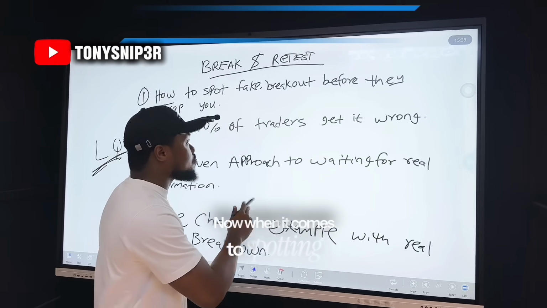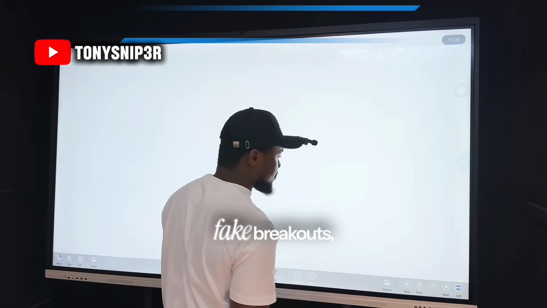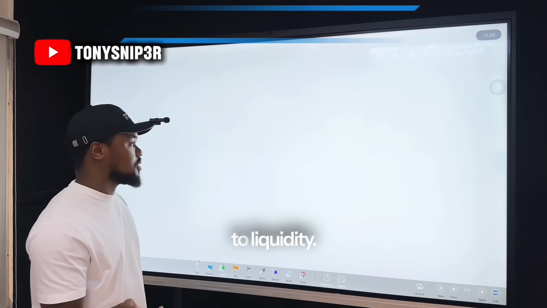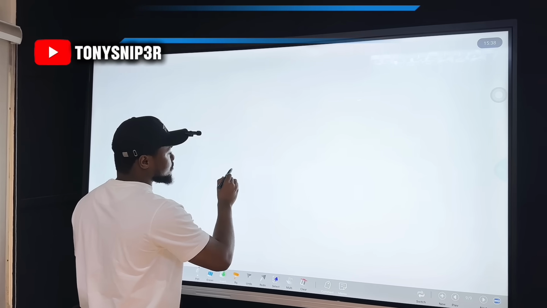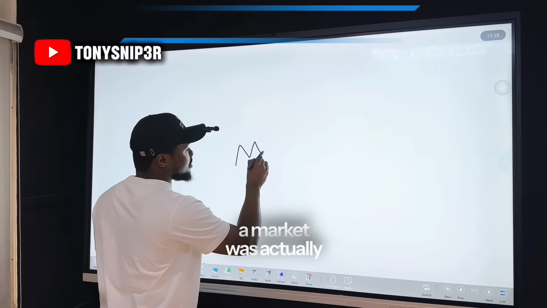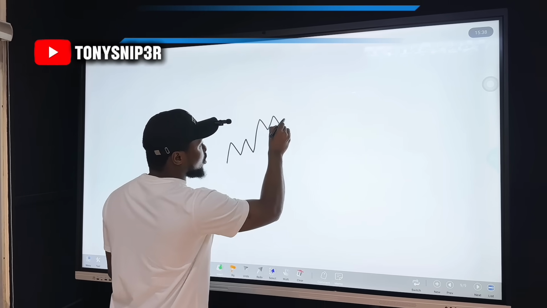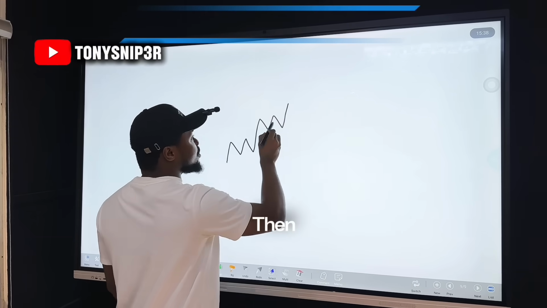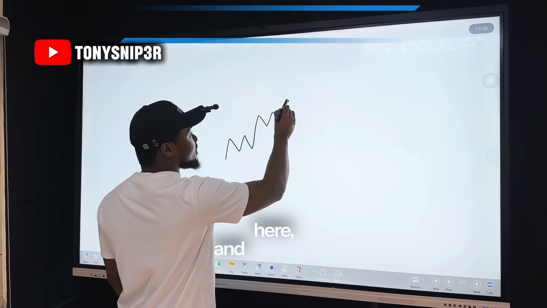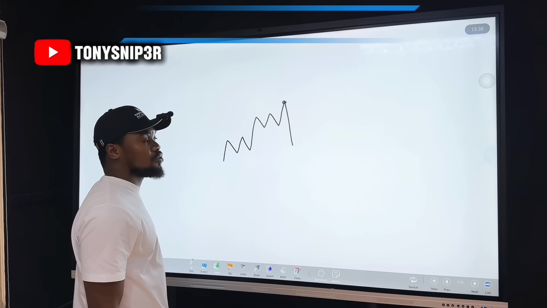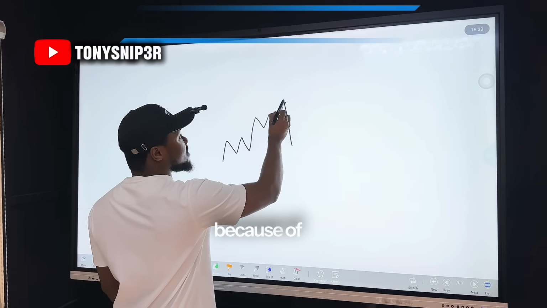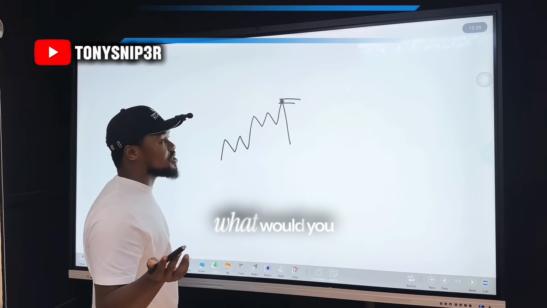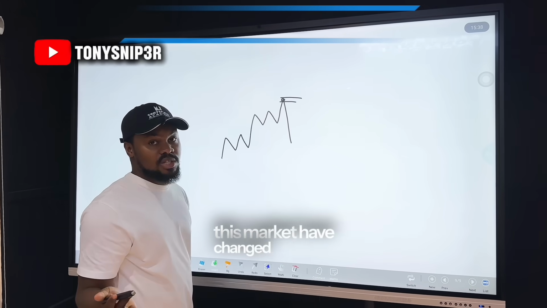Now, when it comes to spotting fake breakouts, it brings us back to liquidity. Let's say a market was actually moving like this. Okay? Then you place a buy here and the market breaks below. Automatically now, because of this liquidity grab, what would you think? You would think, okay, this market has changed trend.